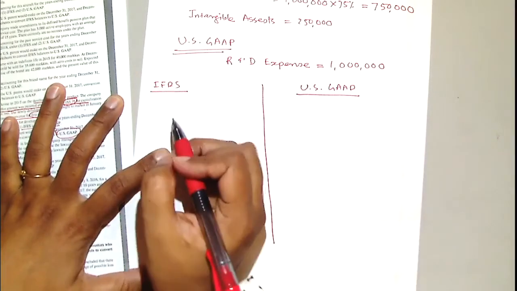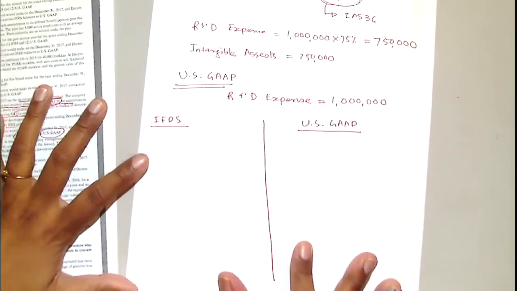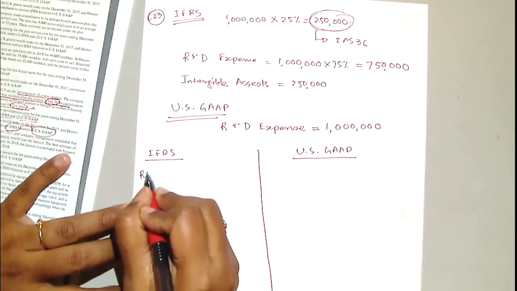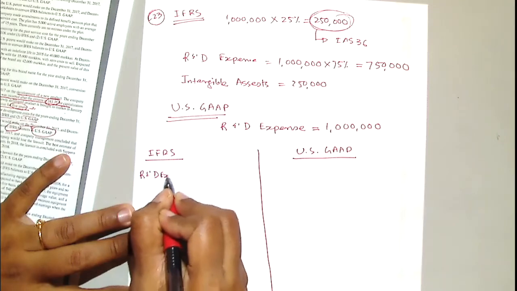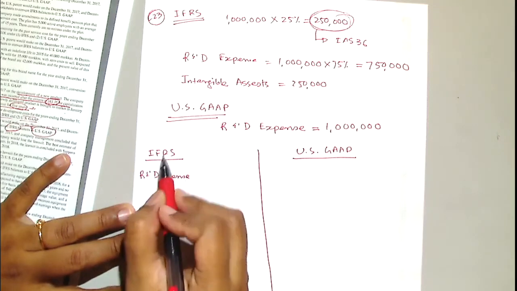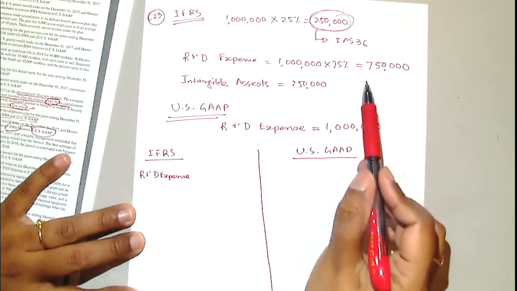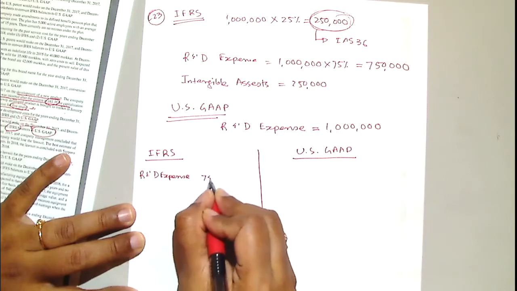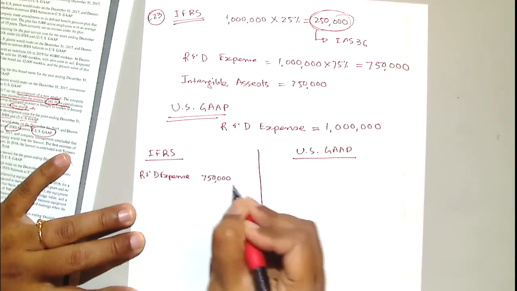So IFRS, first you have to show the R&D expense. How much is R&D expense? Who can tell me? This is an expense, R&D expense. Expense is always debit. How much was the R&D expense under IFRS? Quickly. 750. So you're going to debit R&D expense 750,000.